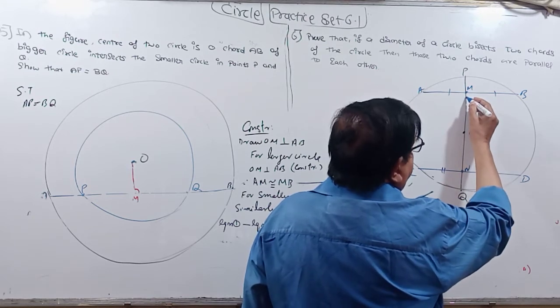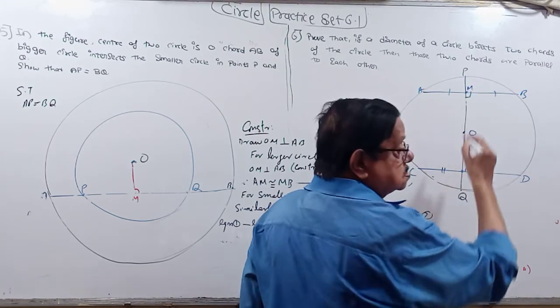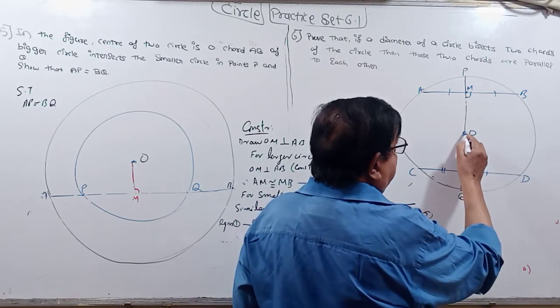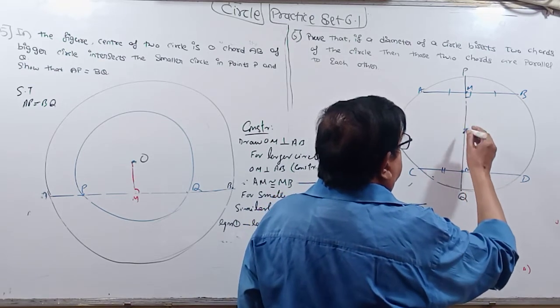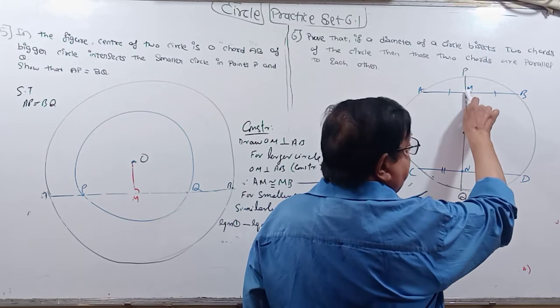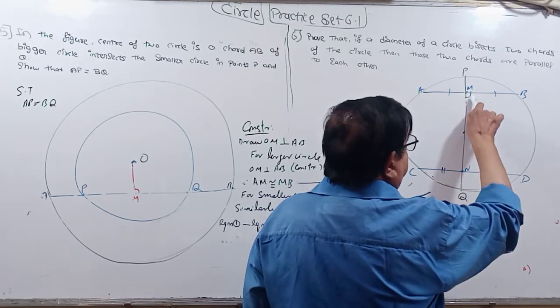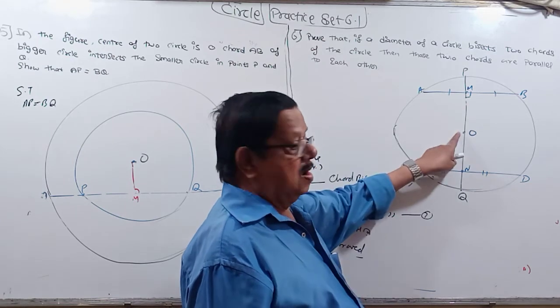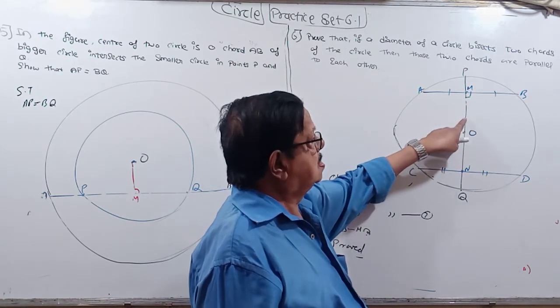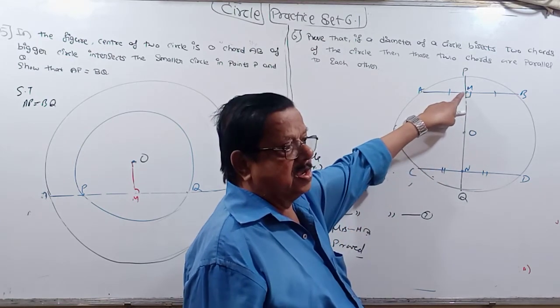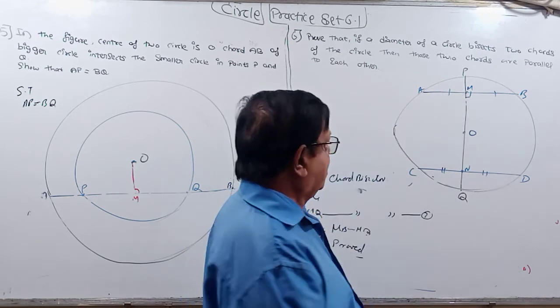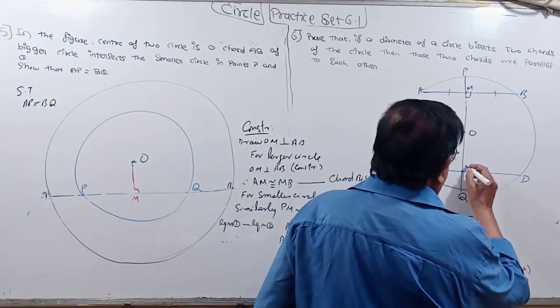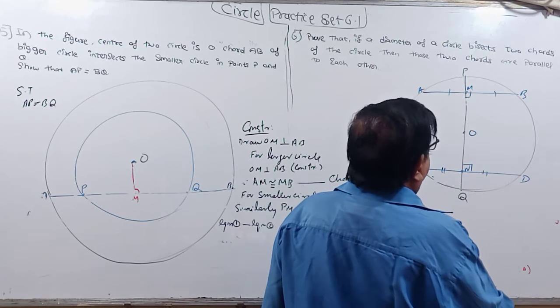Now this has to be 90 degrees. Line drawn from the center, joining the center to the midpoint is perpendicular. Converse of the midpoint theorem. If you draw a line from the center to the midpoint of a chord, it will be perpendicular to the chord. Similarly, this is also 90 degrees.